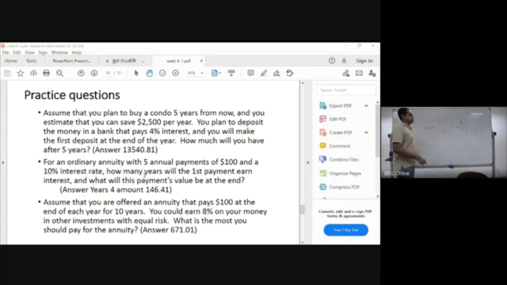Annual payment is 2,500. Question number 1. Payment is 2,500. N is 5. Interest rate is 4%.